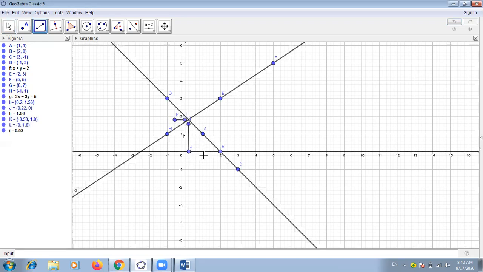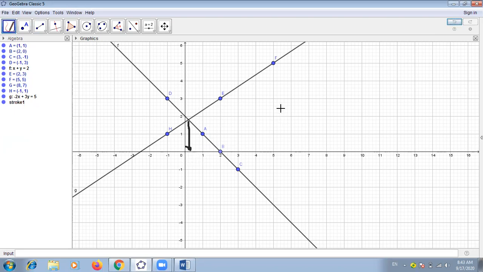As 5 small boxes equal 1, it means that one box represents 0.2. Wait a minute, I'll show you so that you're not confused. If I check the point where these two lines intersect, according to my scale, 5 small boxes represent 1, so one box represents 0.2.